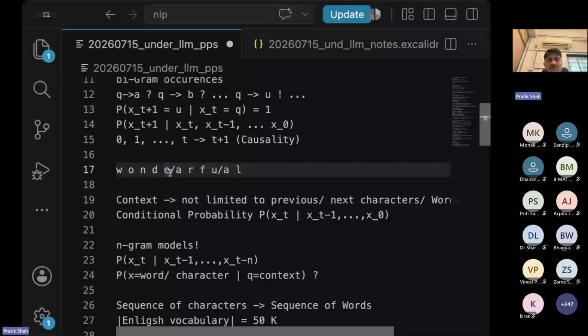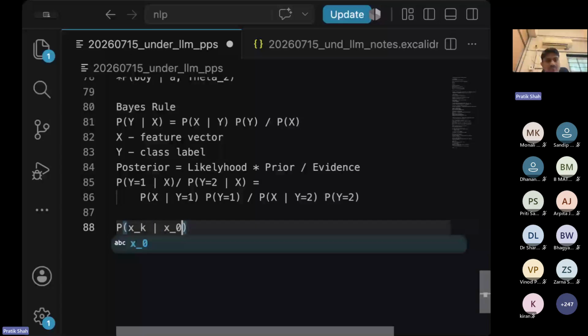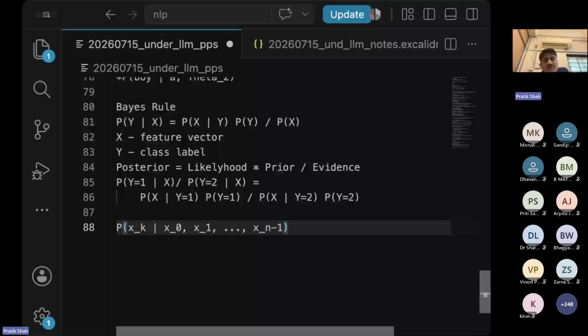So if I make this more generic, I would say we have a length n sequence, out of which I have hidden one word xk, and I want to find out how likely it is that xk is, let's say, O or U or E. Correct.